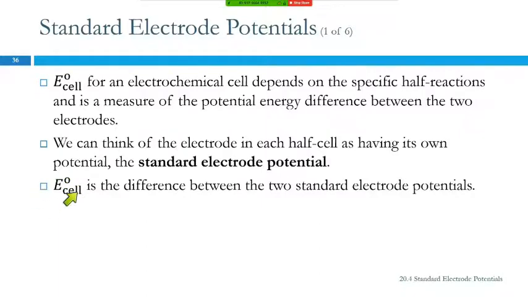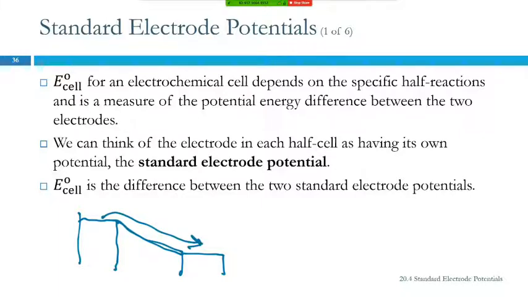Then the standard E cell is going to be the difference between those. So it's a little bit like water and a change in elevation, right? So maybe we've got something up here and something down here, and we've got a tube or something, and the water's going down.